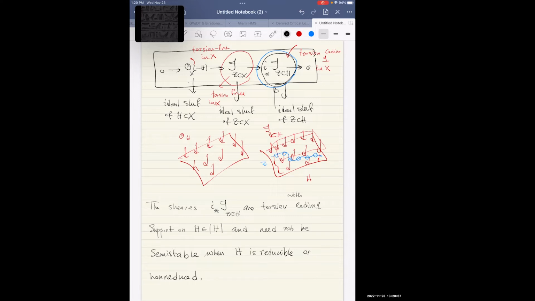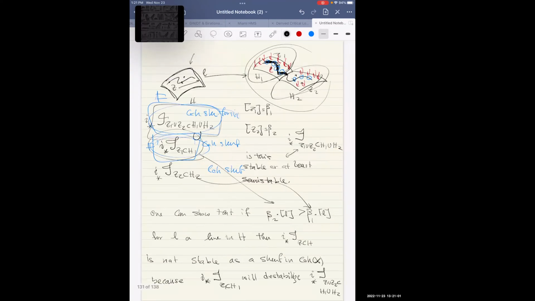But that's not true, because we discussed p-stability of these sheaves, and we discussed the situation where I allow the surface to break into two pieces, H1, H2, the curve Z breaking into two pieces, Z1, Z2, lying on H1, H2.